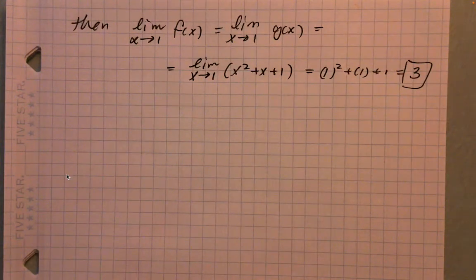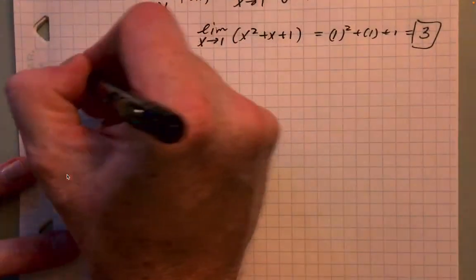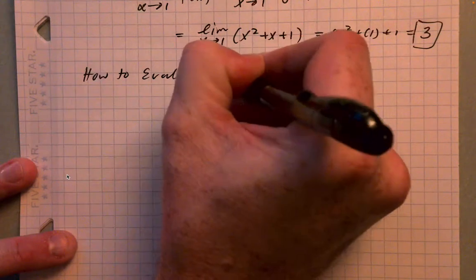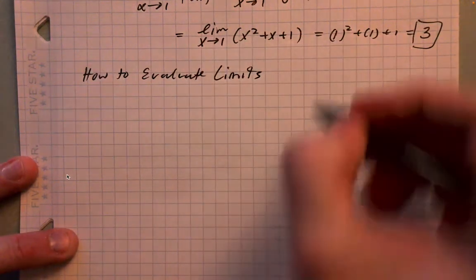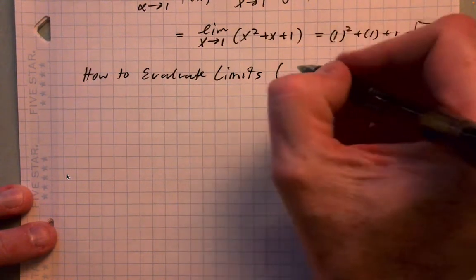Let's do kind of a summary here. How to evaluate limits, a strategy. This is kind of a summary because we did touch on a lot of things here.